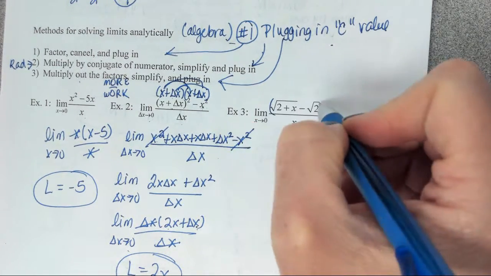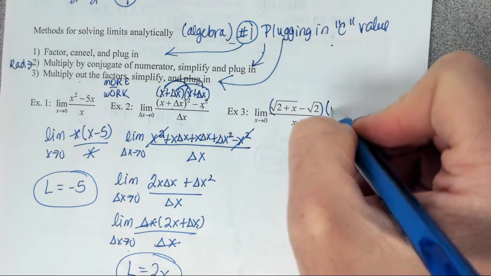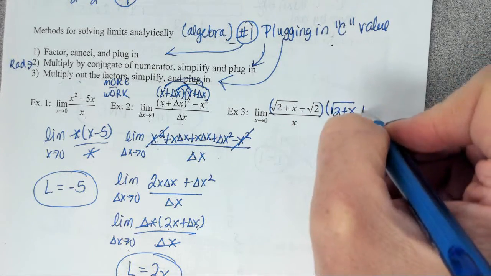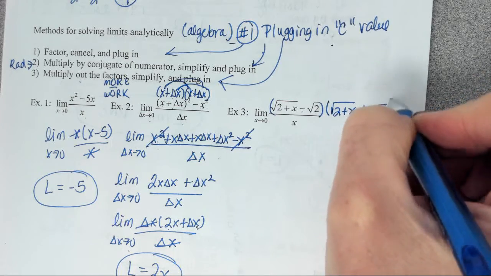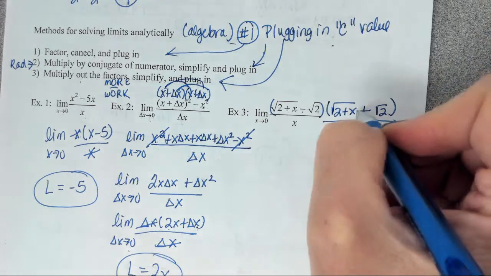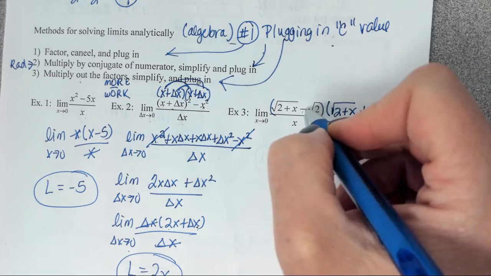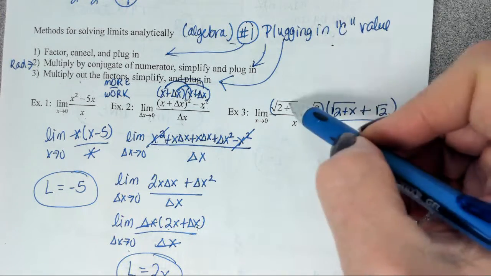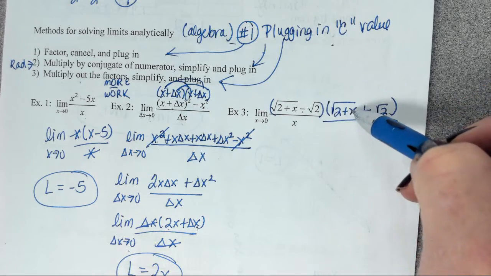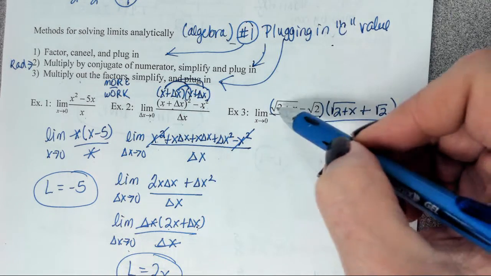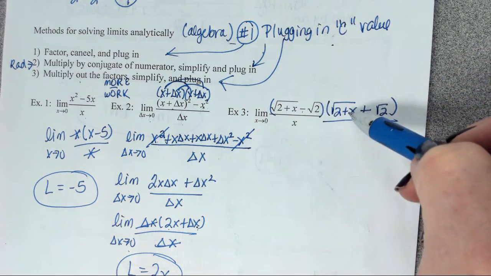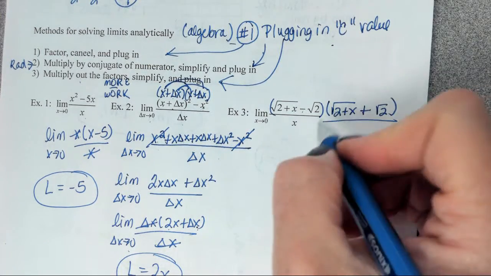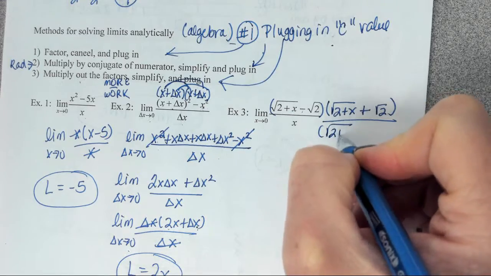So to multiply by the conjugate, everything stays the same except for this middle sign. If it's a minus, it becomes a plus. If it's a plus, it becomes a minus. The reason why we want to do that is because we want the outers and inners to cancel out. And if one of them is positive and one of them is negative, they're going to cancel out. So whatever we multiply the top by, we have to multiply the bottom by.